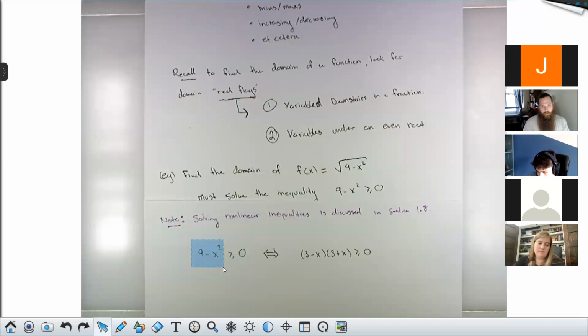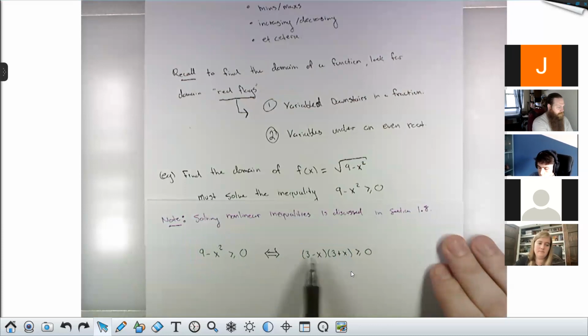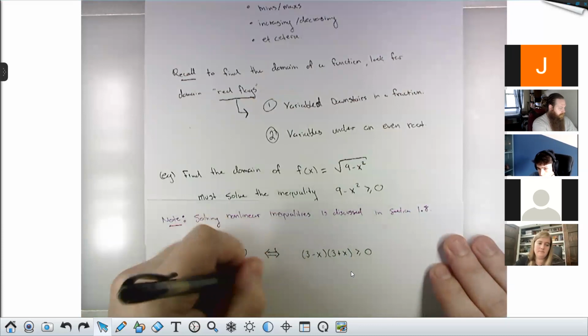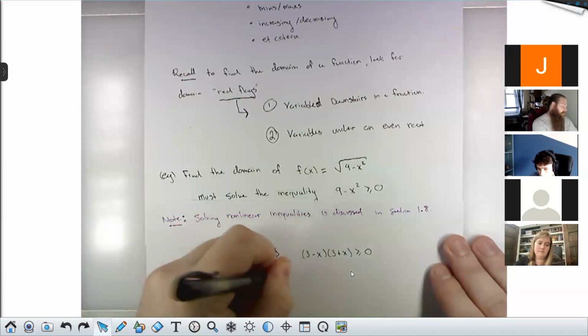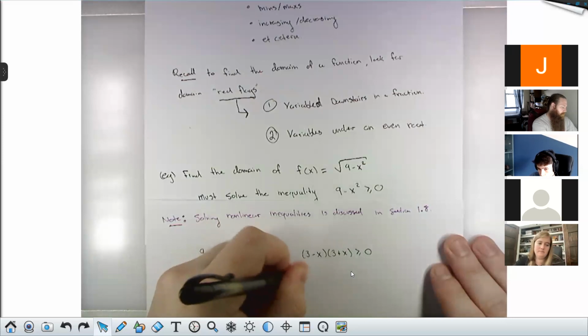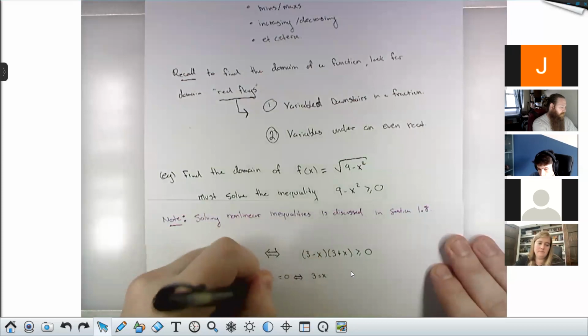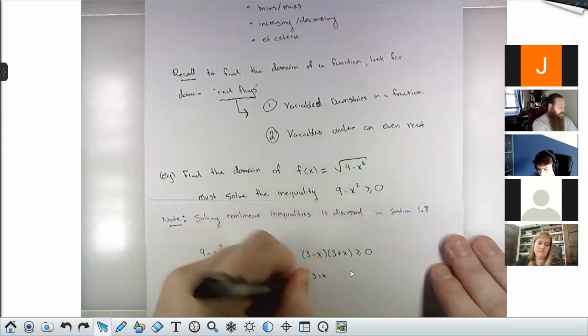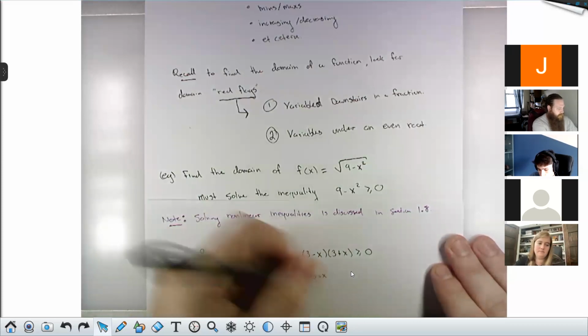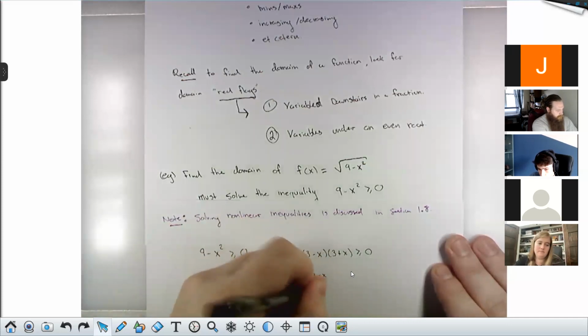Then you factor this thing to figure out where it's capable of changing sign. 9 minus x squared factors as a difference of squares as 3 minus x times 3 plus x. And then the two places where these factors are 0: 3 minus x is equal to 0 when 3 is equal to x, or x is equal to 3, and 3 plus x is equal to 0 when x is equal to negative 3.